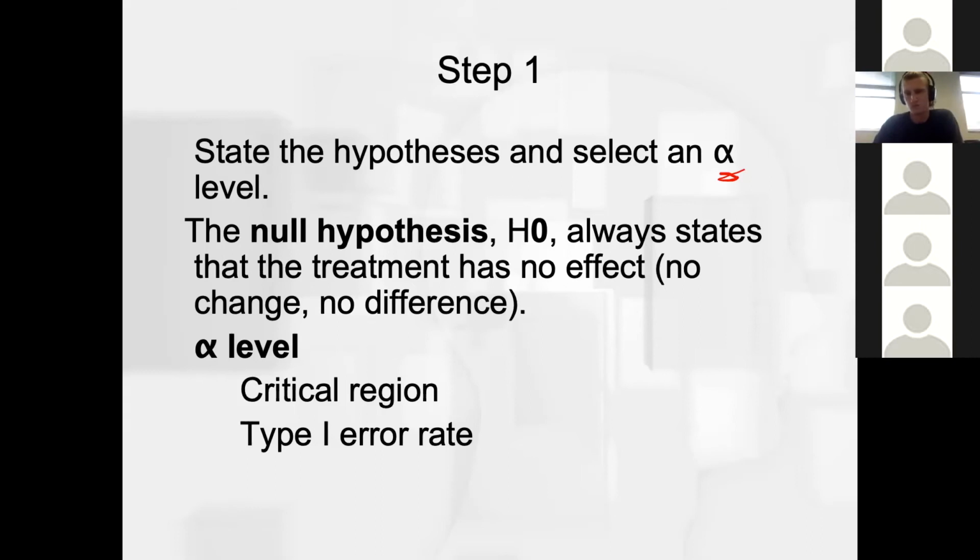Let's say I pick an alpha level of 0.05. That's a probability. That's essentially saying that if I test 20 coronavirus vaccines and none of them are truly effective, 1 out of those 20 is likely to come back as effective. Right? That's a false positive.